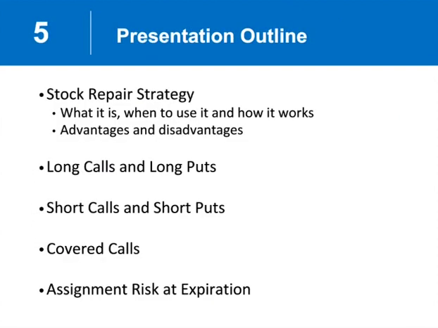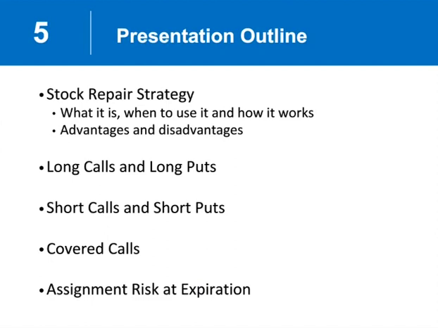So our outline today, we're going to get into a stock repair strategy. We will start with a long stock position and talk about how we can adjust that to assist in lowering our break-even point. We're going to get into long calls and long puts gone the wrong way, as well as short calls and short puts.